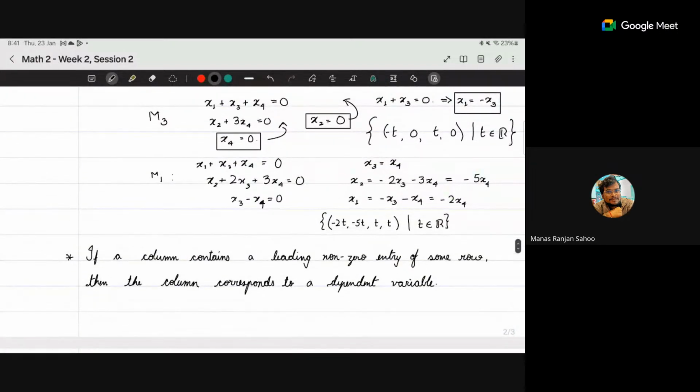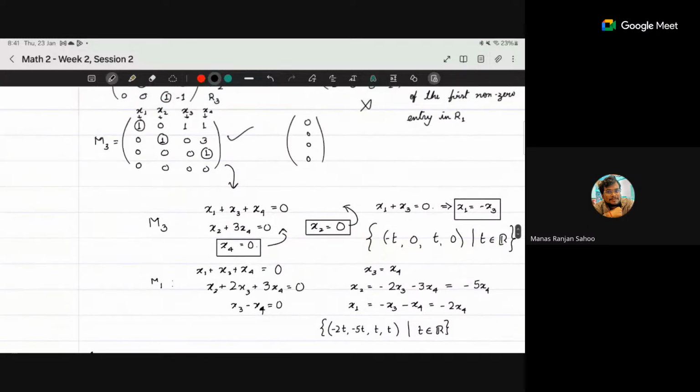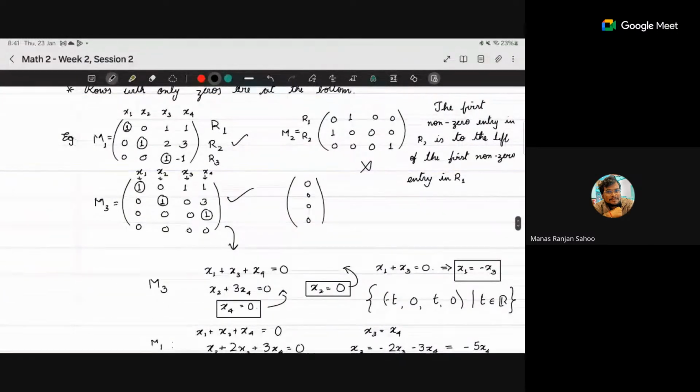So how do you determine whether something is a dependent variable or an independent variable? You look at its corresponding column. For example, let's remove the circles also. Now I want to check if x2, for M3, is dependent or independent. For x2, I look at the second column.